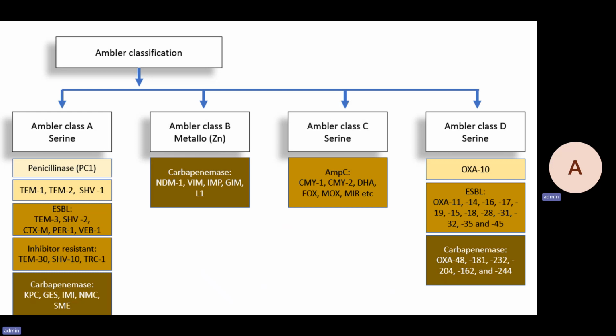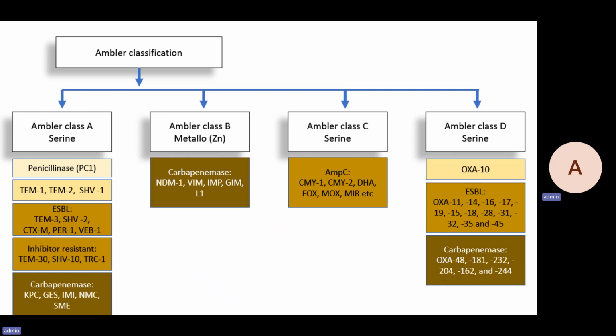In the Ambler classification, there are four types of beta-lactamase. Ambler class A has a serine in the core of its molecule. Ambler class B is metallo-beta-lactamase, and it has a zinc in the middle of its molecule. Ambler class C is again a serine beta-lactamase, and Ambler class D is a serine beta-lactamase as well.